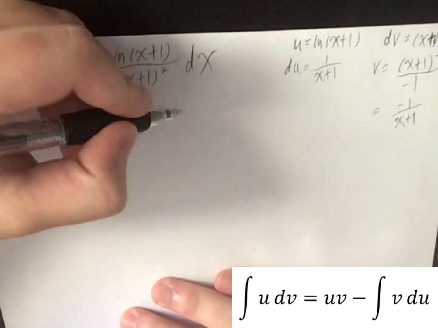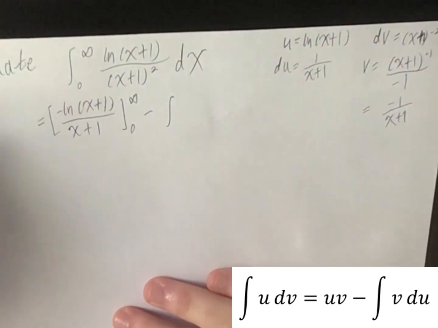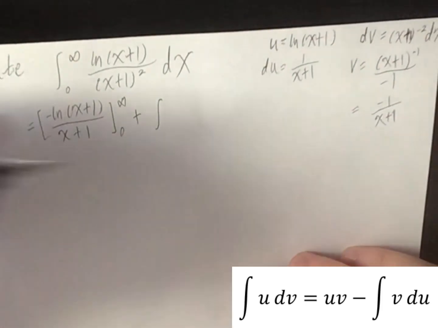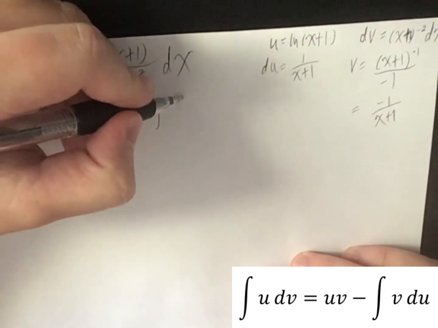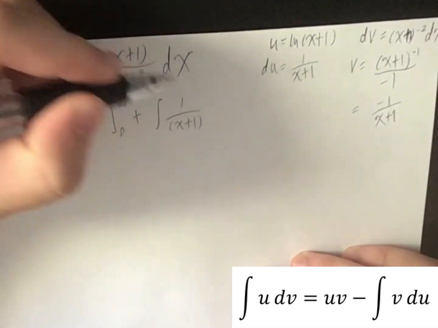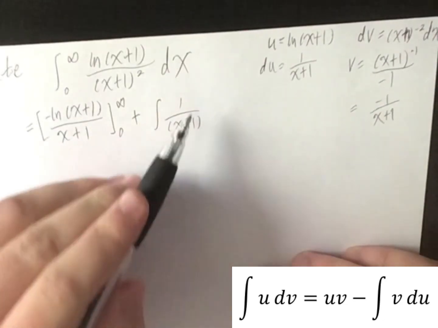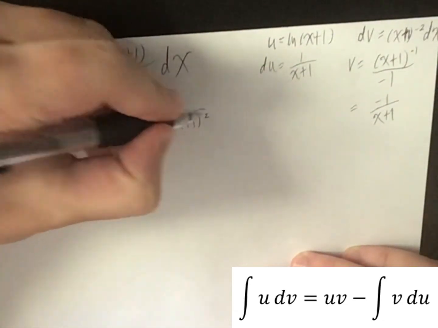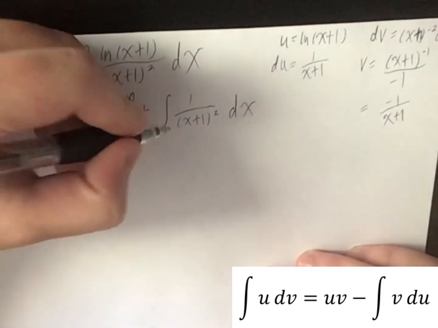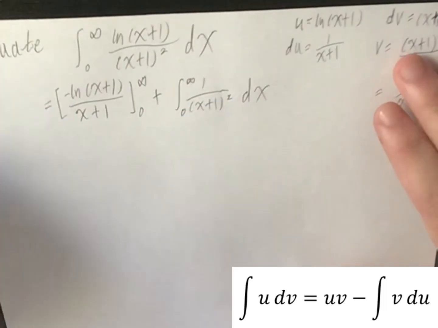And minus v du has a negative sign here also, so you make a plus sign with another minus sign. v is 1 over x plus 1, and du is another 1 over x plus 1, so in the denominator this thing will be squared, and dx. The bounds are the same, from 0 to infinity.